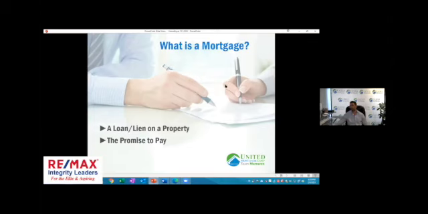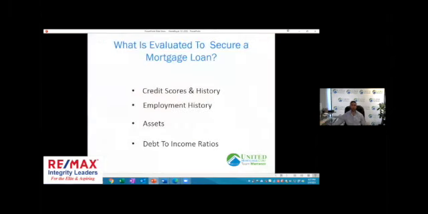If you know that, you have a leg up on probably 90% of even people in the mortgage business. It's a pledge to the property, a security measure for the note, okay? So that's basically what a mortgage is.